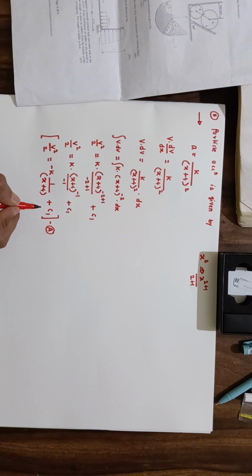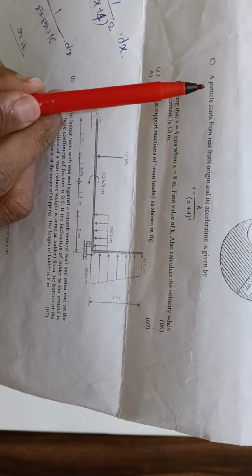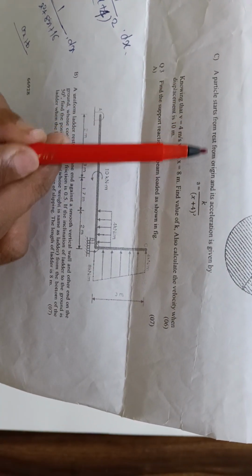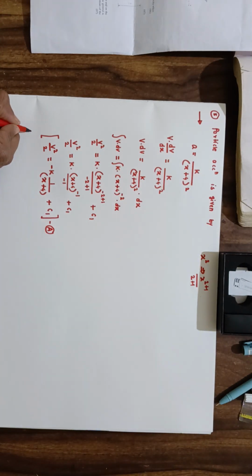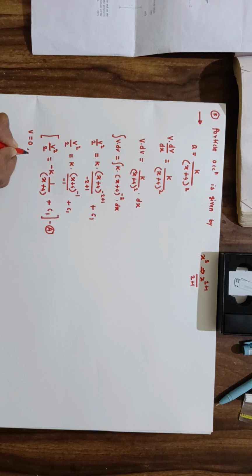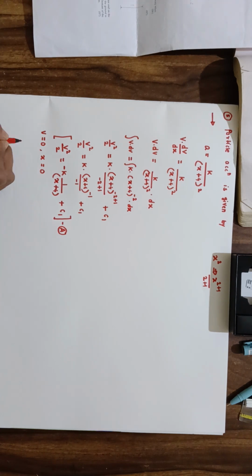For that there are two conditions. The first condition is that the particle starts from rest from the origin. The meaning is that when the particle starts from rest, its velocity is 0, and from the origin means x is equal to 0. So this is the first condition.